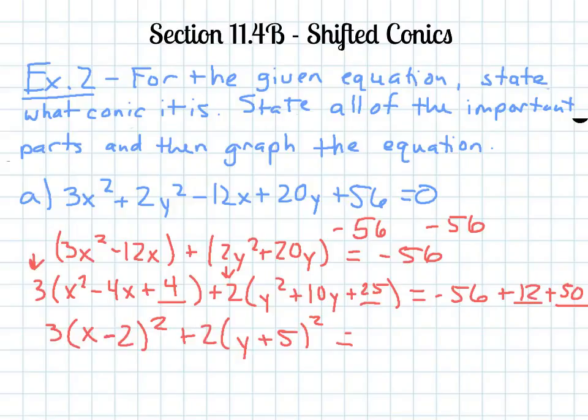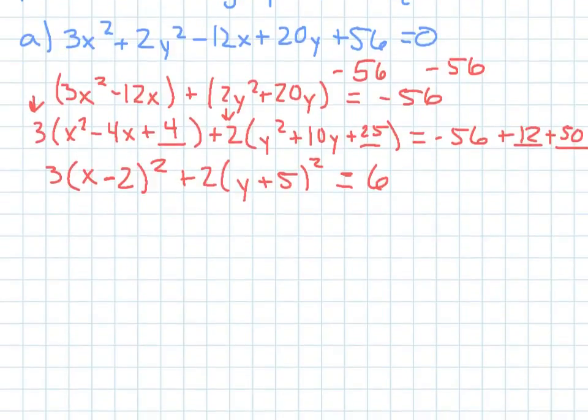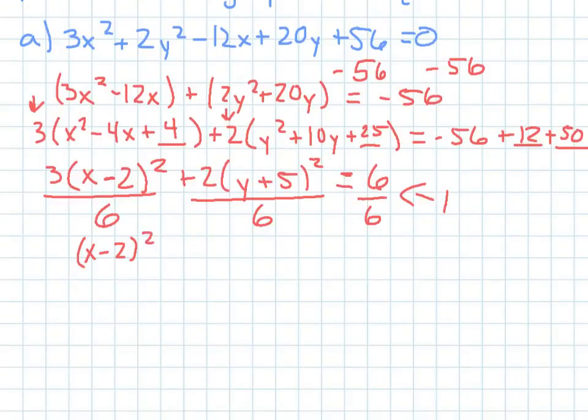And then negative 56 plus 12 plus 50 actually gets me the value of 6. Okay? And then the last step, I want to have a 1 here, so I've got to divide everything by 6. So it gets me x minus 2 squared over 2 plus y plus 5 squared over 3 equals 1.